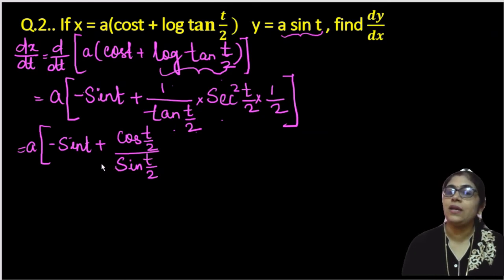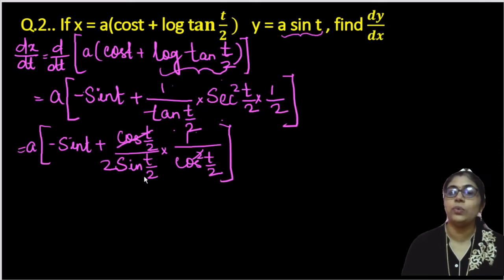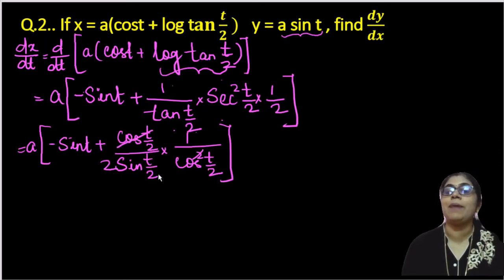We can bring 2 here into 1 by cos square t by 2. So we can cancel 1 cos t by 2 here and 2 sin t by 2 into cos t by 2 in the denominator. So that is directly sin t. Sin 2t by 2, that is sin t.